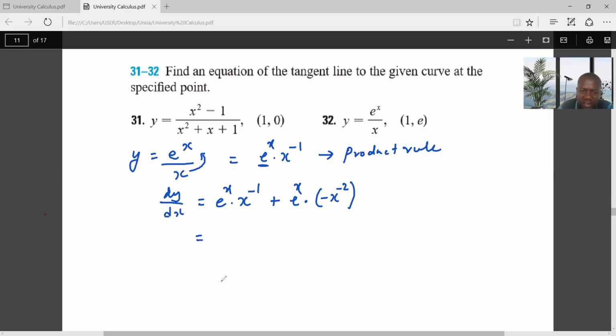If we take a common factor, we'll have e to the x. This will be x to the power minus 1 minus x to the power minus 2. We can either leave it like this, or we can simplify it like this. The answers will still be the same. 1 over x minus 1 over x squared.